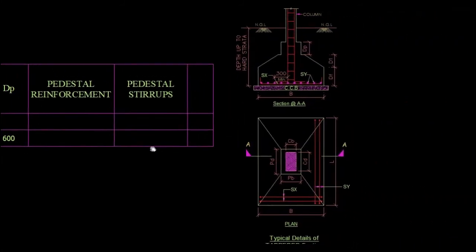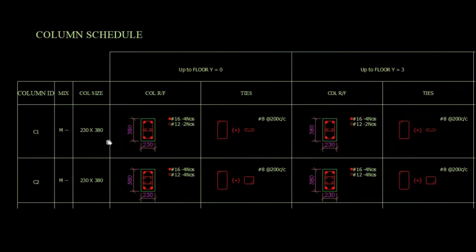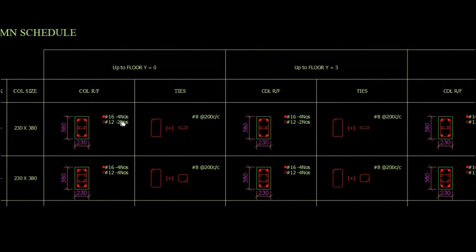This is the typical footing details. This is the column cross section detail. C1 and C2 column size. For C1 we assigned 4 numbers 16 dia and 2 numbers 12 dia. For C2 we assigned 4 numbers 16 dia and 4 numbers 12 dia.